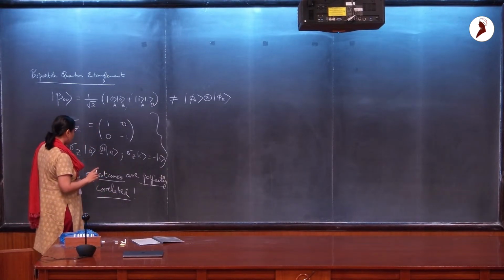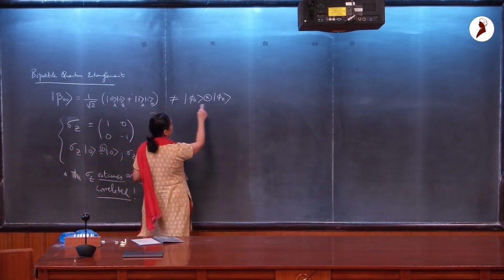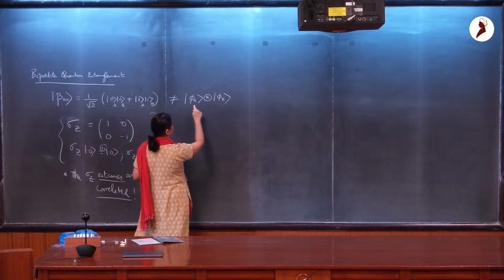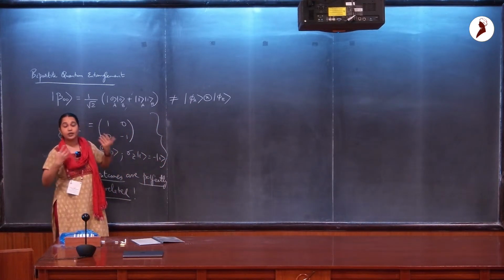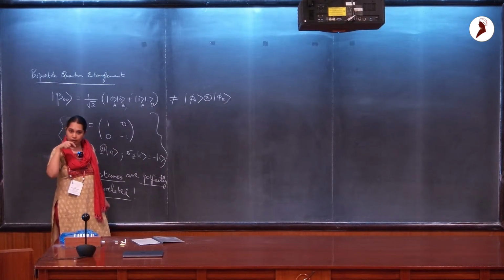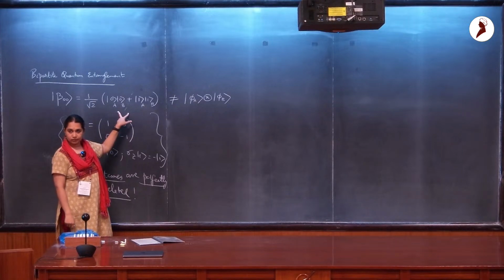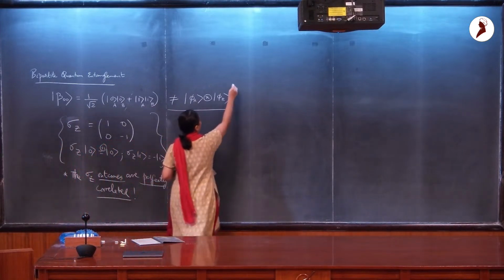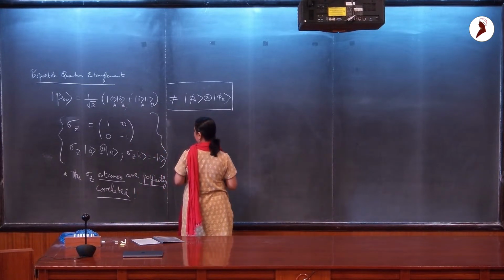But yesterday I also asked this question: I cannot represent the local states as pure states, but is there a way to talk about the local states for this kind of an entangled state? I want to briefly talk about that before I move on to the Bell CHSH inequalities.